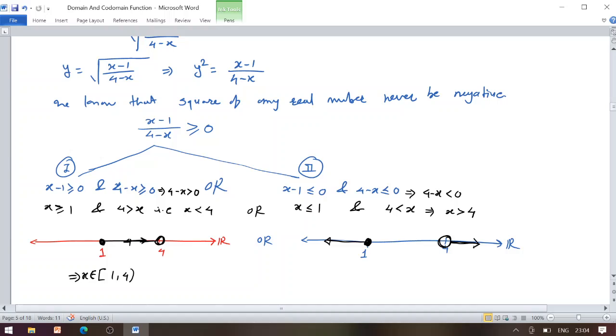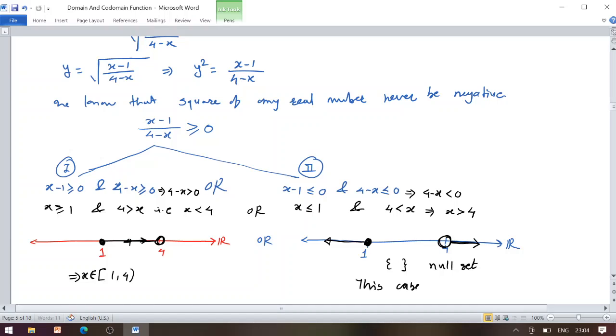Now look once, if we are finding the intersection of both intervals or the inequalities, there is no common part. So the intersection of the given inequalities becomes an empty set or the null set. That means this case is not possible.